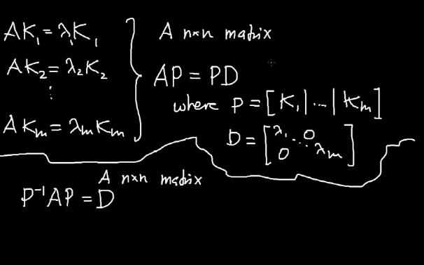Now, in here, the matrix P is not a square matrix. As you can see here, the number of columns m does not have to be equal to n. Whereas here, the matrix P is a square matrix, otherwise it wouldn't be invertible. So these are the differences between the two setups.